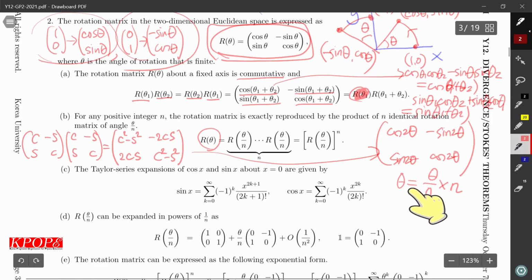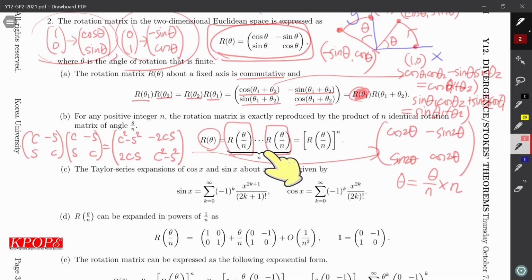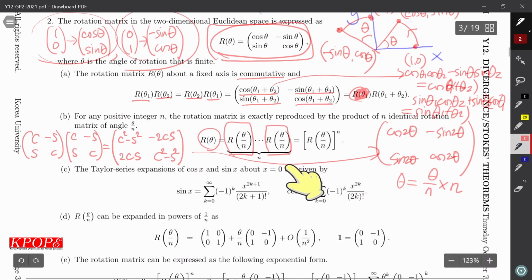That means rotate by 1/n of theta n times, and we have R theta. And this is true even in the limit n goes to infinity.